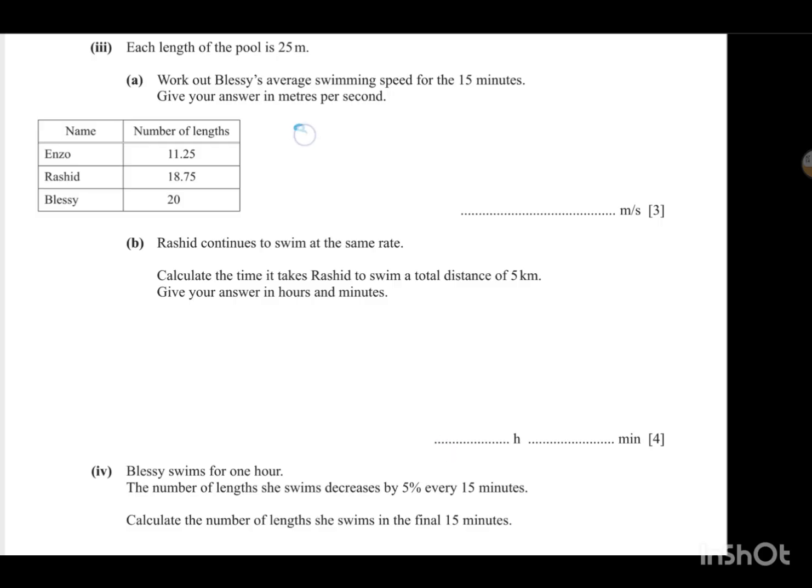So the speed is equal to distance by time. So distance is 20 into 25, and time is 15 minutes, but they are asking for the answer in meters per second. So 15 minutes needs to be converted into seconds by multiplying by 60.